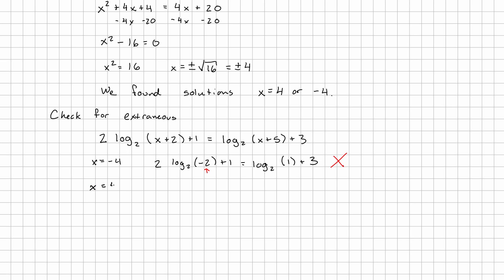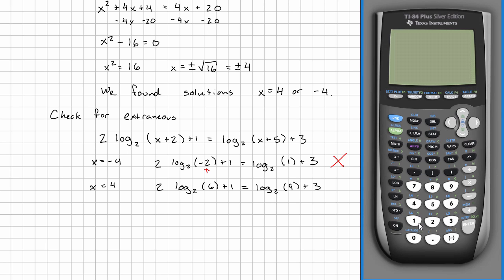For x equals 4, we have 2 times the log base 2 of 6, plus 1, equals the log base 2 of 9, plus 3. Now, 6 and 9 don't have nice logs base 2, but we can check on our calculator.